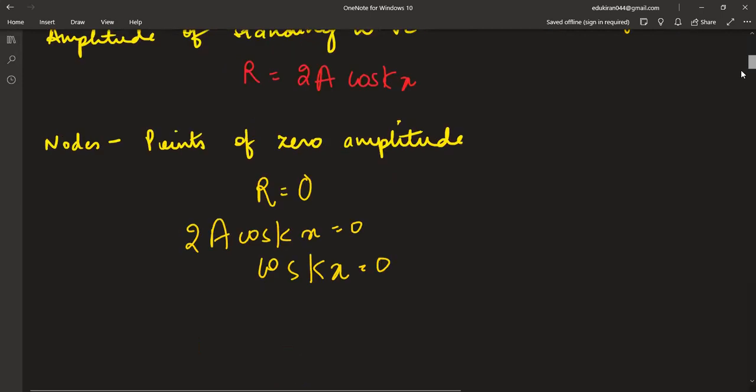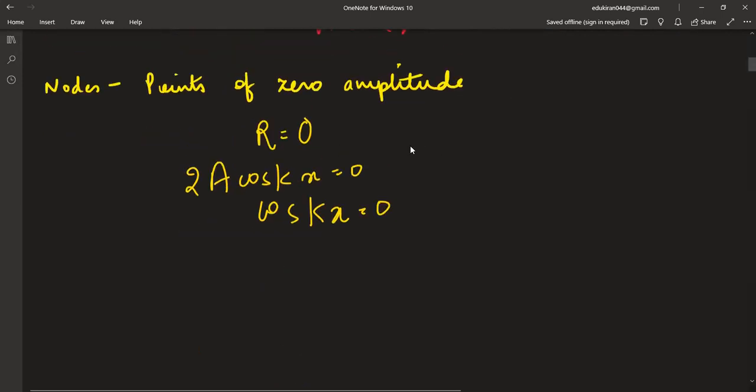Now see, points of zero amplitude means the points of node. So where the resultant amplitude is 0, 2a cos kx will be 0. Cos kx will be 0, meaning cos theta is 0, that is theta is equal to 90 degree, or theta is equal to pi by 2.